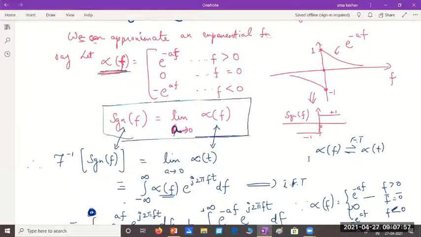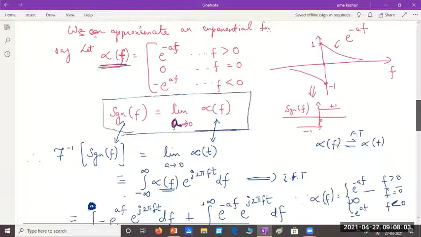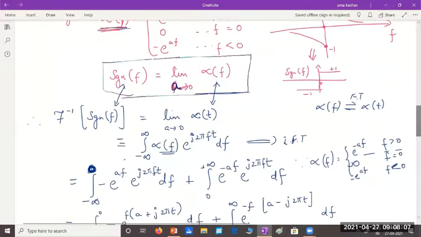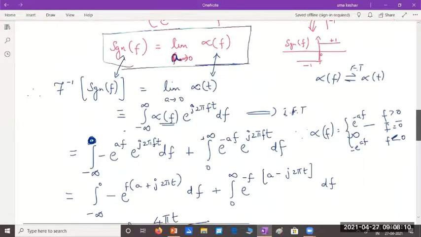So to find the inverse Fourier transform of h of f, we have to assume h of f in terms of rising and falling exponentials and then take the limits. That's what we did. Now I have tried to find the inverse Fourier transform of this assumed function alpha of f, which is in terms of exponentials. And we know how to find the inverse Fourier transform.